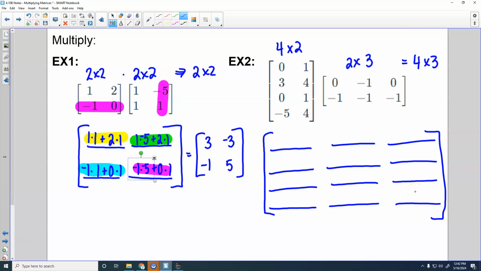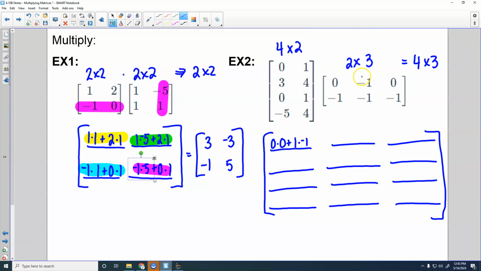I like to actually put the blanks here to make sure I don't skip something. It's easy to mess these up because you're doing so many calculations. Every calculation is easy in and of itself, but there's so many of them. So I'm going to run out of highlighter color, so I'm not going to try to highlight on this because that's too many places. For this first one, you're multiplying row 1 by column 1. It's going to look like this. You're going to have 0 times 0 plus 1 times -1.